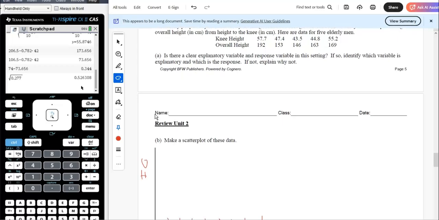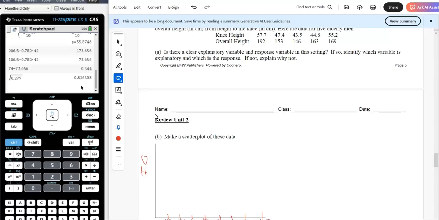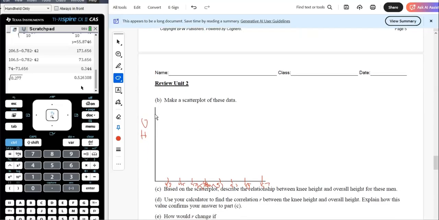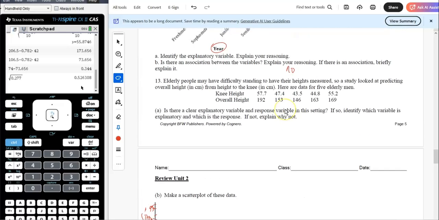Needs to go from 145 to 195. 145, 155, 165, 175, 185, 195. Terribly sloppy. Sorry about that.